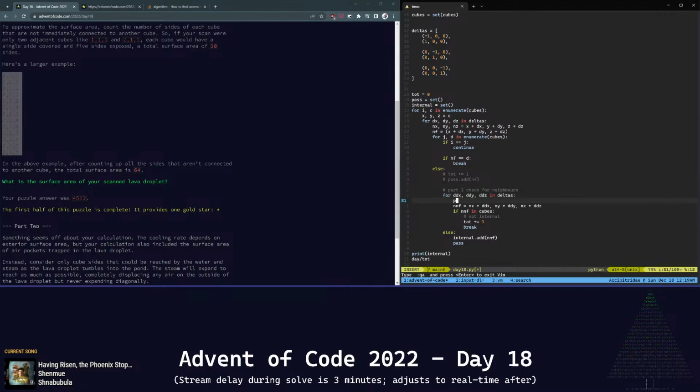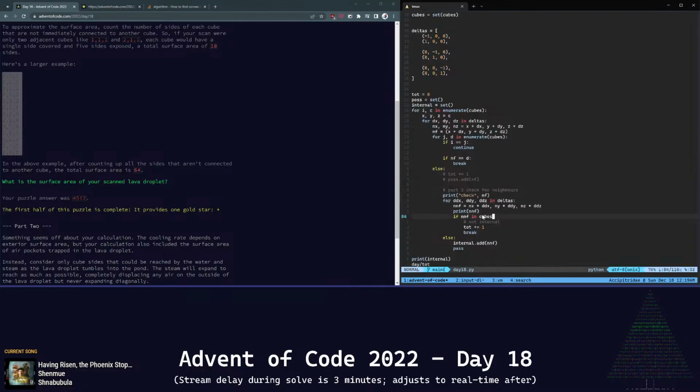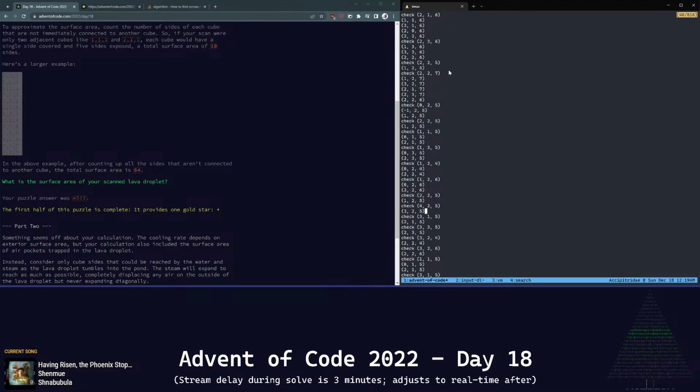And then we should be printing... why are we only checking 4 deltas? Hello? Oh. Because we're terminating early. So when we're trying to place 225, we have to make sure they're all present, right?